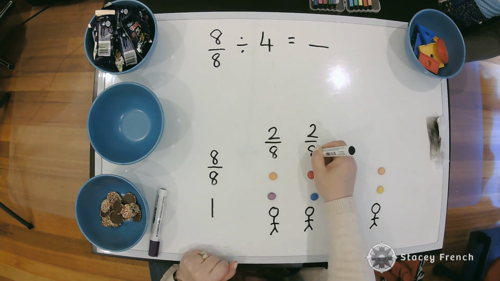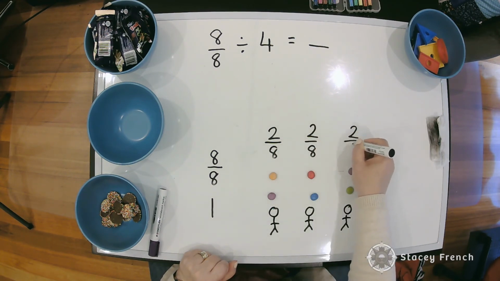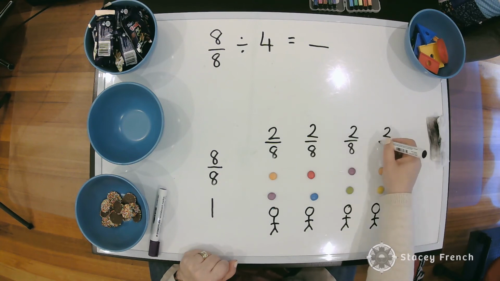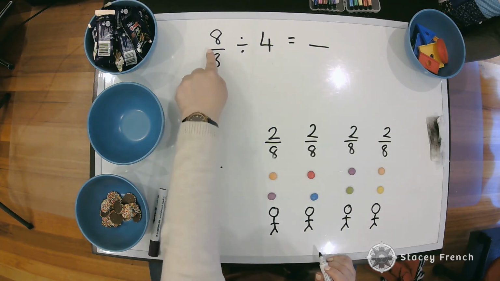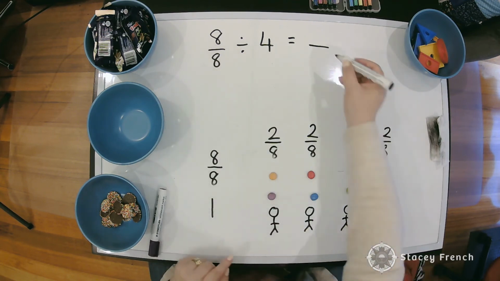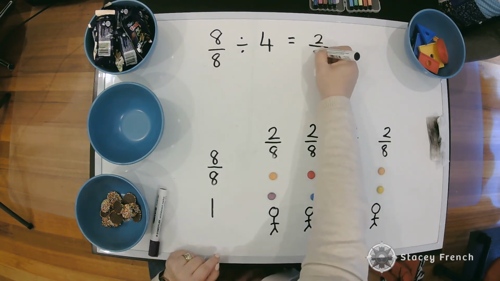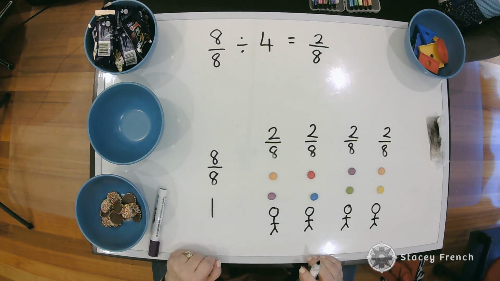They'll each get 2/8 of the bag of Smarties. So 8 divided by 4 is 2 out of 8. 2/8.